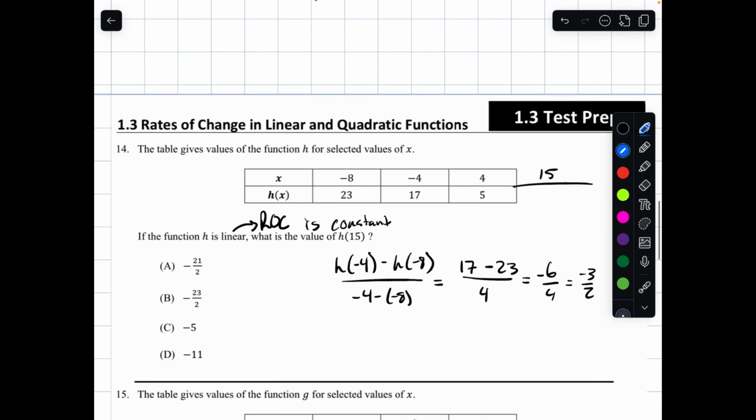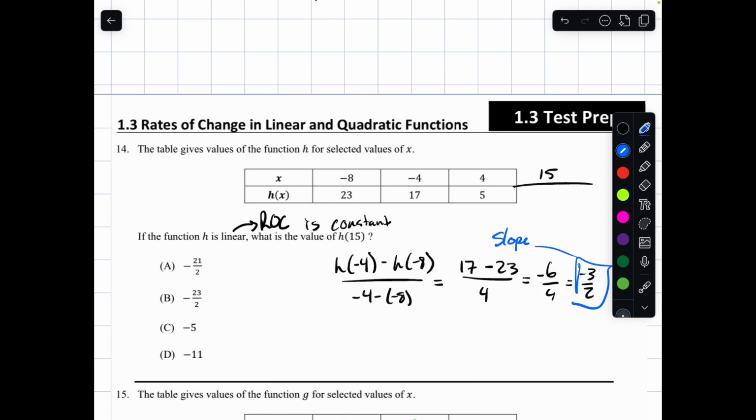So what does this represent? This is just my slope. That's my slope. So now how do I use this to get this number? Well, what I could do is I could just say, okay, how many steps did I take? What's 15 minus 4?